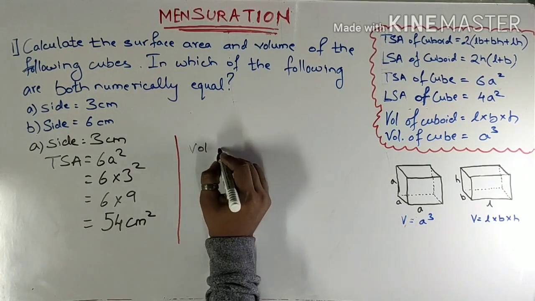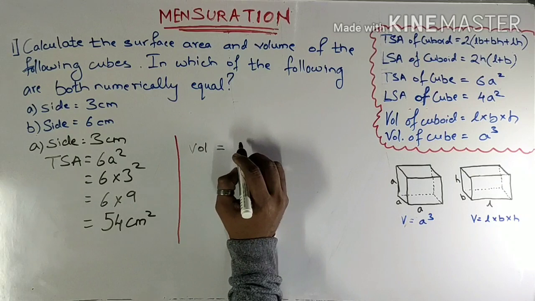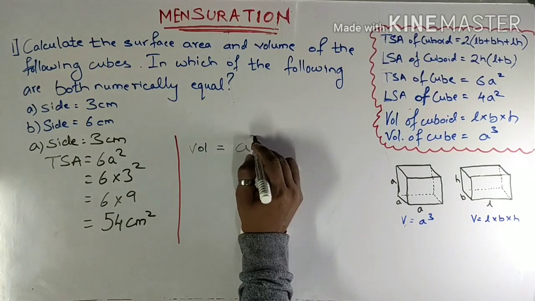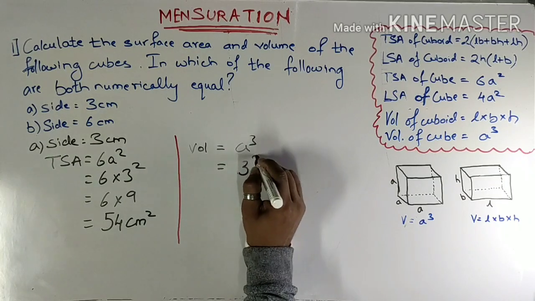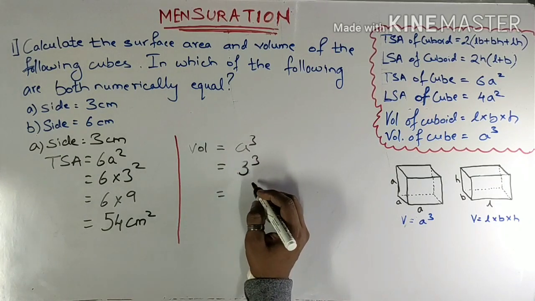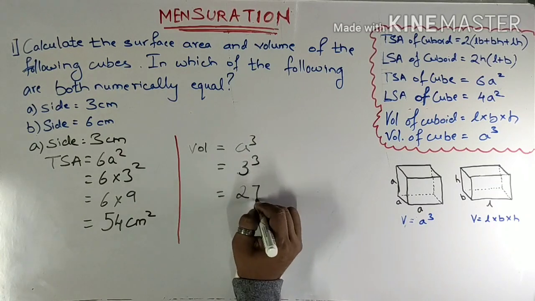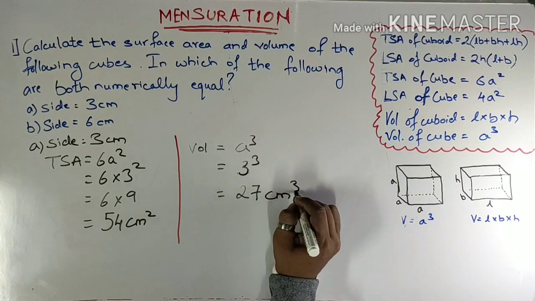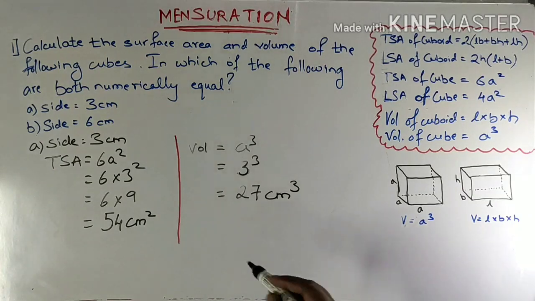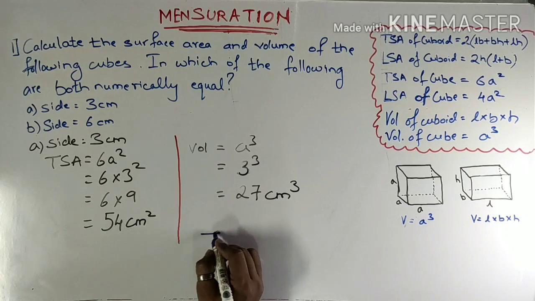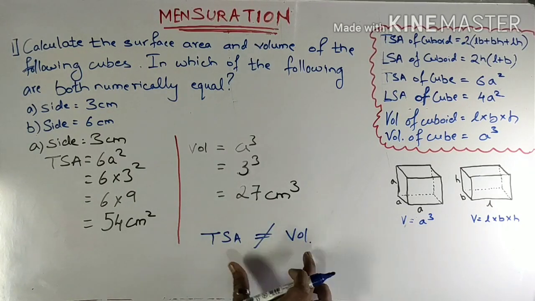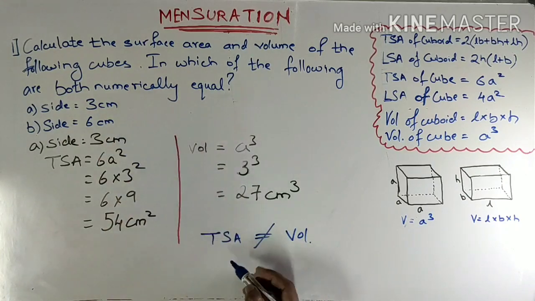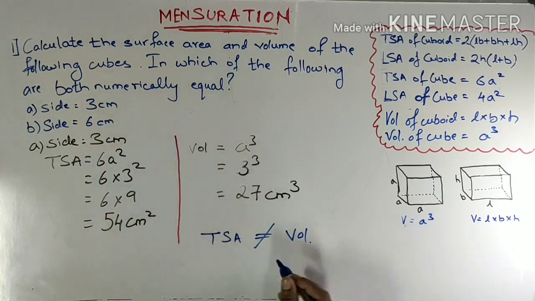The volume of the same cube will be a cube, that is 3 cube, 3 3s are 9, 9 3s are 27 centimeters cube. So they are not equal. We write that the total surface area is not equal to the volume of the cube which has side 3 centimeters.